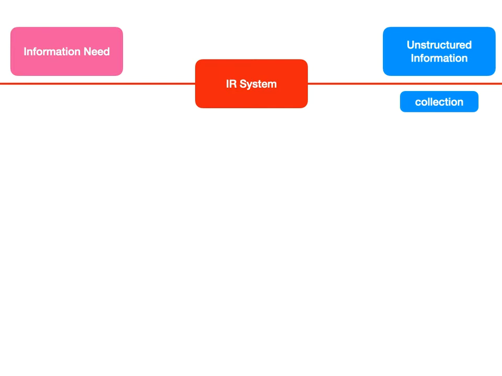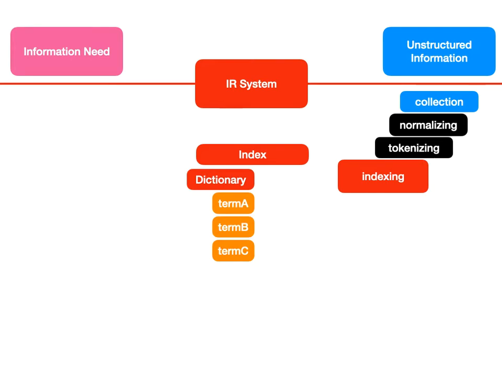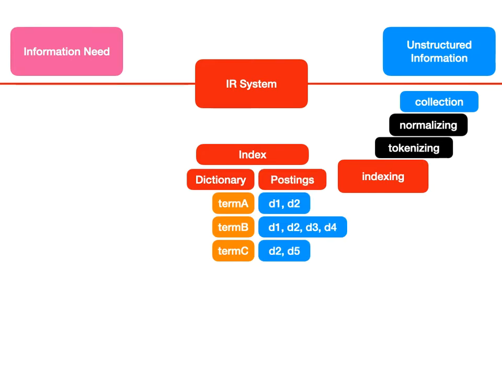We can pull down our collection from wherever, however we choose to harvest it, and then we start processing it. We normalize the strings of text in the collection, we tokenize them, and we start our indexing process. As we recall, the index produced is a dictionary of terms and the postings associated with each term of the collection of unstructured information available to our system.